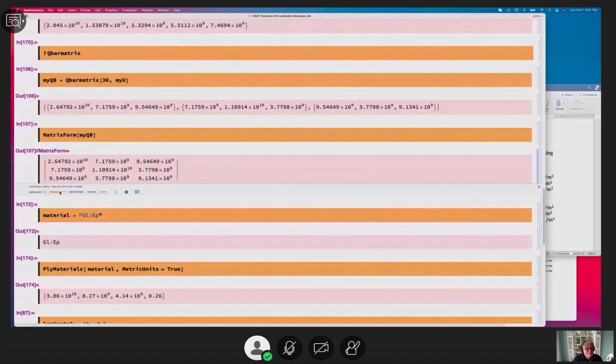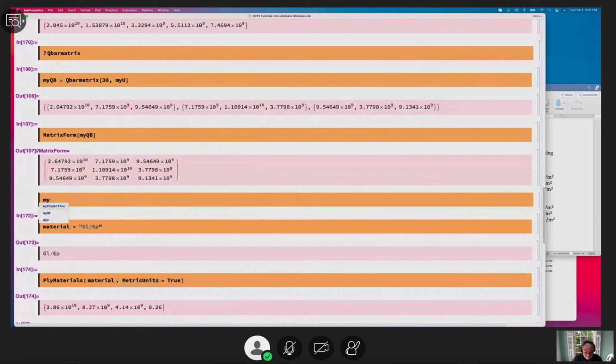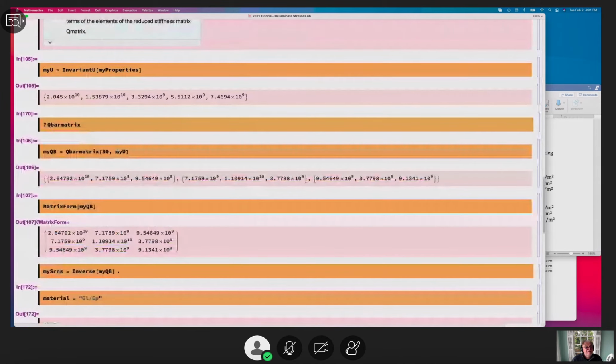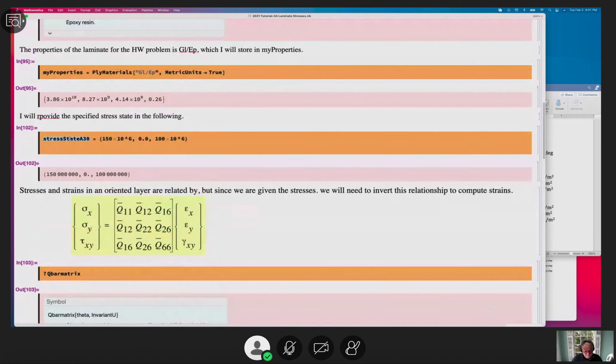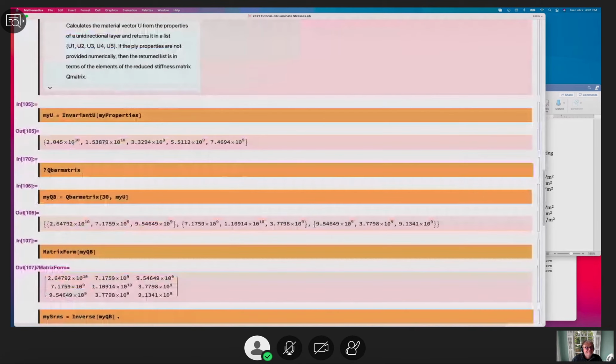So my strains is equal to, I need to invert the Q bar matrix and take a dot product of it with the stress vector, which I called that.